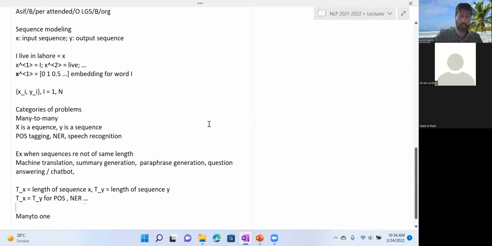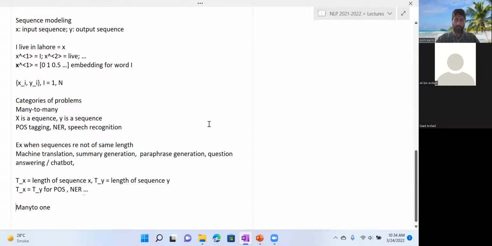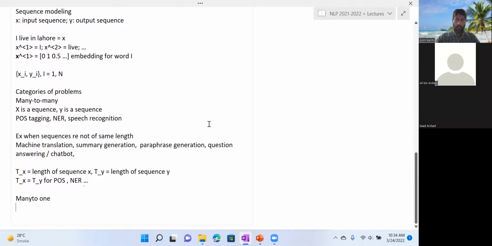But for others, it would be different. So in general, they would be different. So now many to one, meaning that input X is a sequence, Y is a scalar or a vector. It's not a sequence.